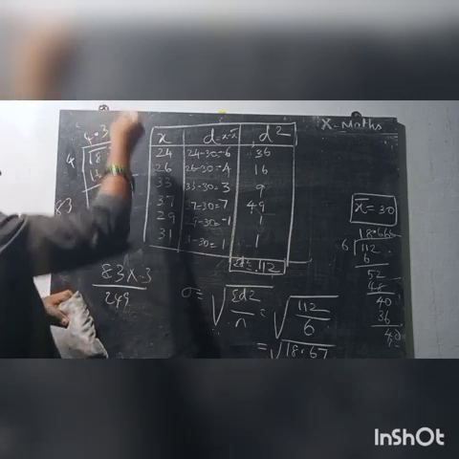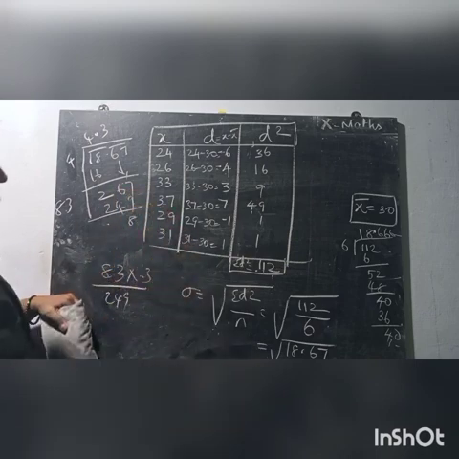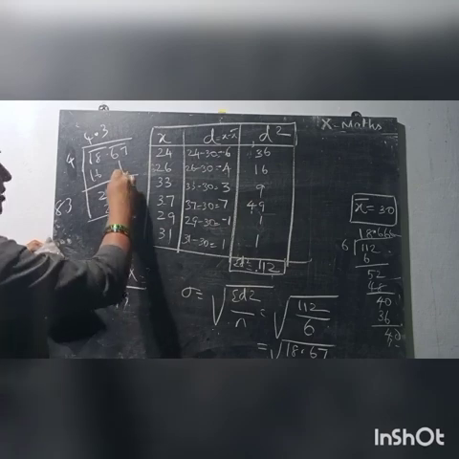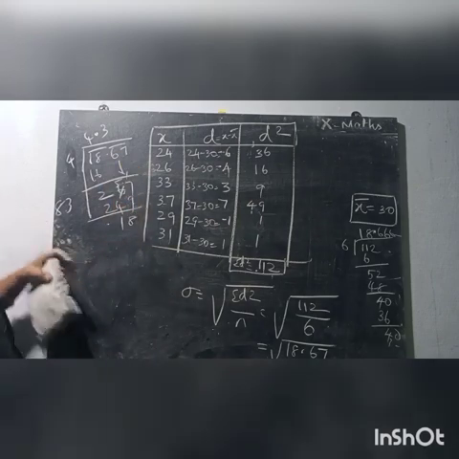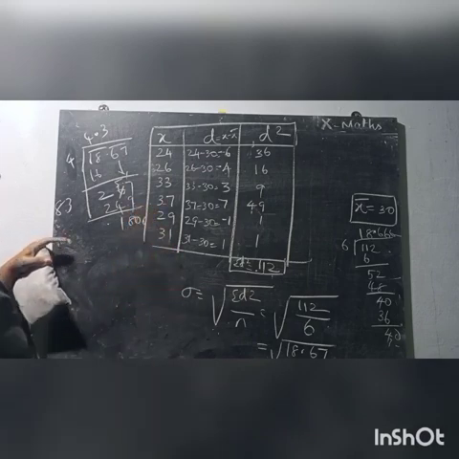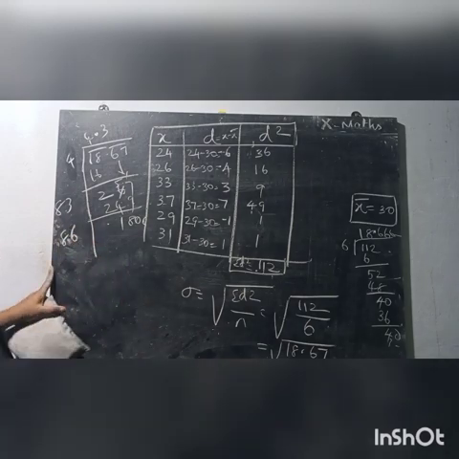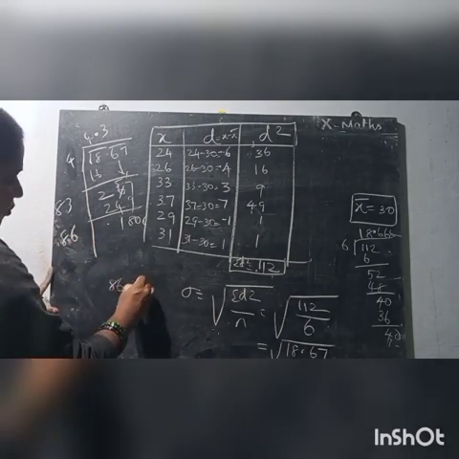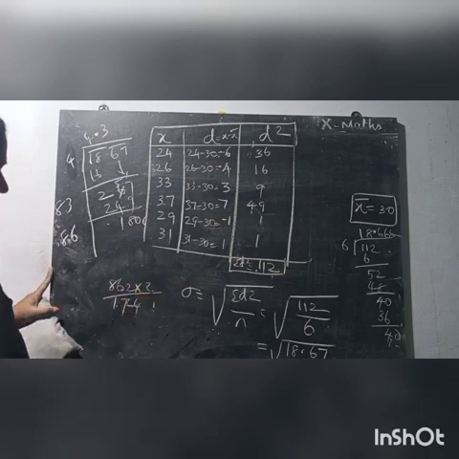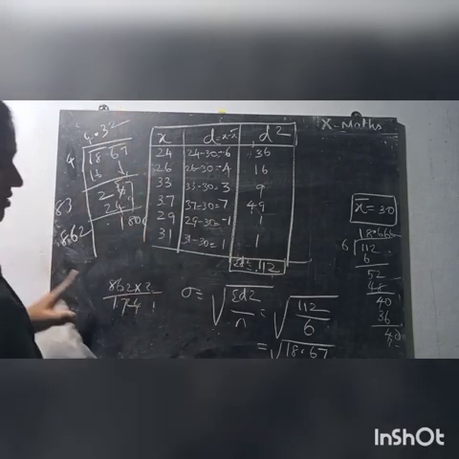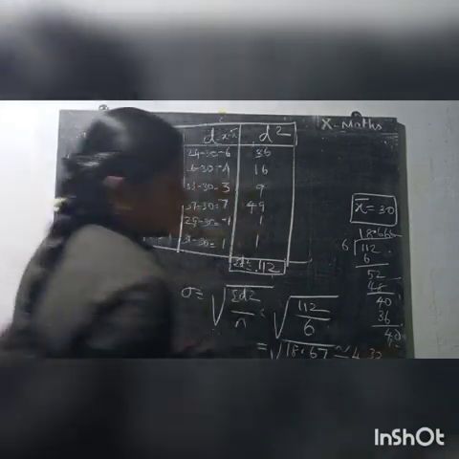So 249. 267 minus 249 is 18. Then bring down 00. 43 into 2 is 86. So we can give 2. 2 2s are 4. 6 2s are 12. 8 2s are 16 plus 1 is 17. So 2 times. So now the standard deviation value is 4.32.